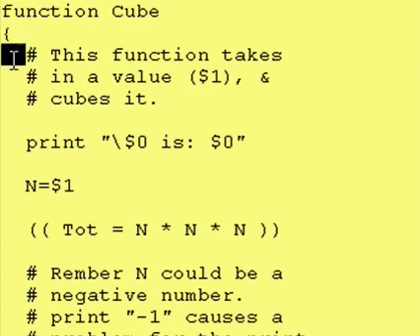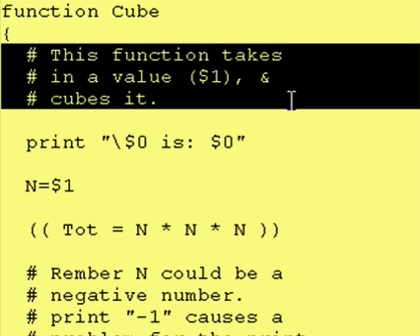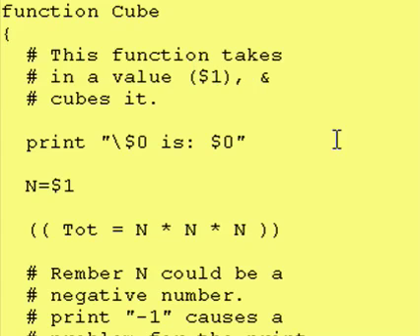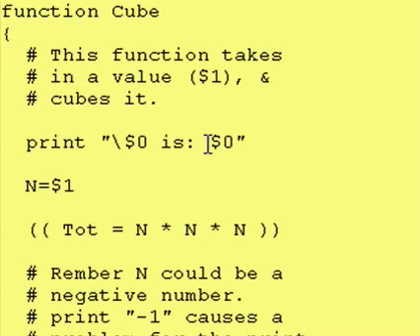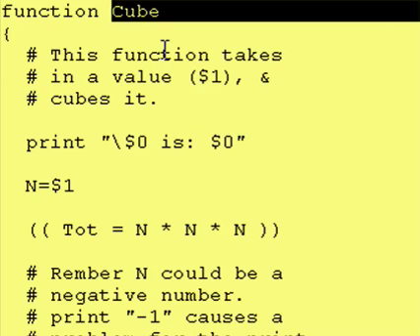So I gave a little description of what this function does. It's a good idea to get into that habit. This function takes a value, in this case $1, and cubes it. I simply put this statement in here to show you that $0 does in fact turn out to be the name of the function, which in this case is cube.